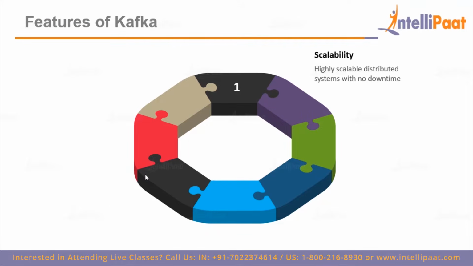So Kafka is highly scalable in nature because it has distributed systems with no downtime. Now, what do I mean by distributed systems? So let's say if you had just one server which would take care of all of the messages consuming from the producers, and only this server sends all of the messages back to the consumer. Now, dealing with this huge amount of data by a single server is very difficult.